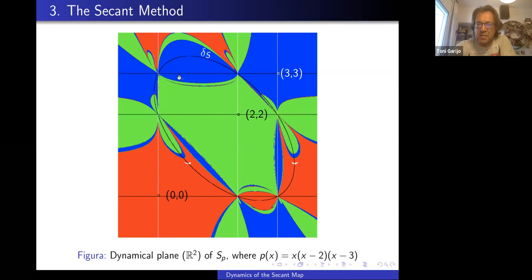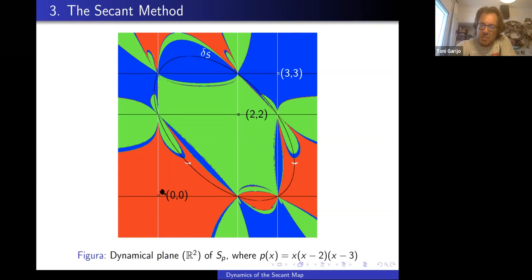So here we have these 1, 2, 3, 4, 5, 6 indeterminacy points. And here is the set where the secant is not defined. Also, we see that the set of white points also contains, in fact, this point, which is on the diagonal, the critical point.